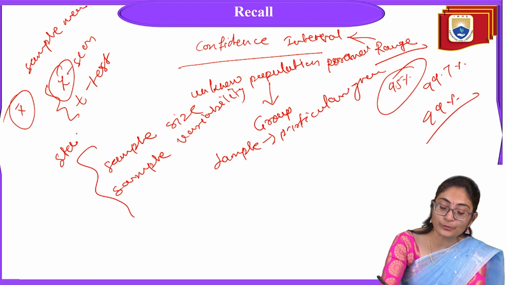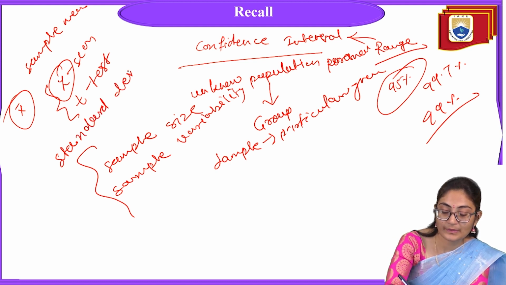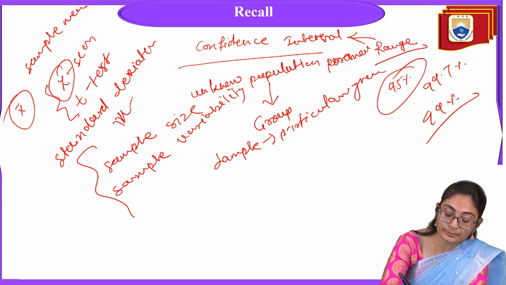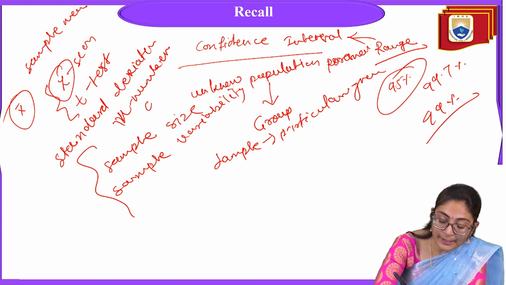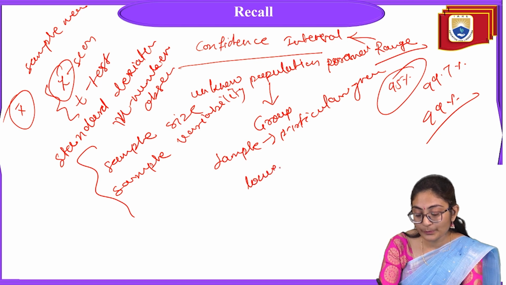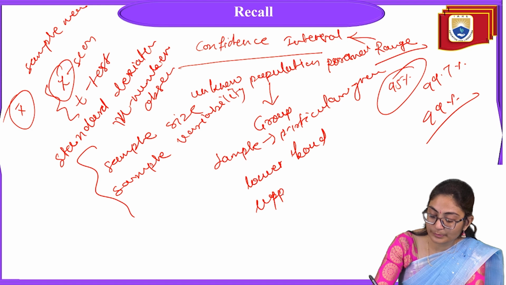For finding the confidence interval you need the standard deviation and the number of observations, and by using these you find the lower bound and upper bound.